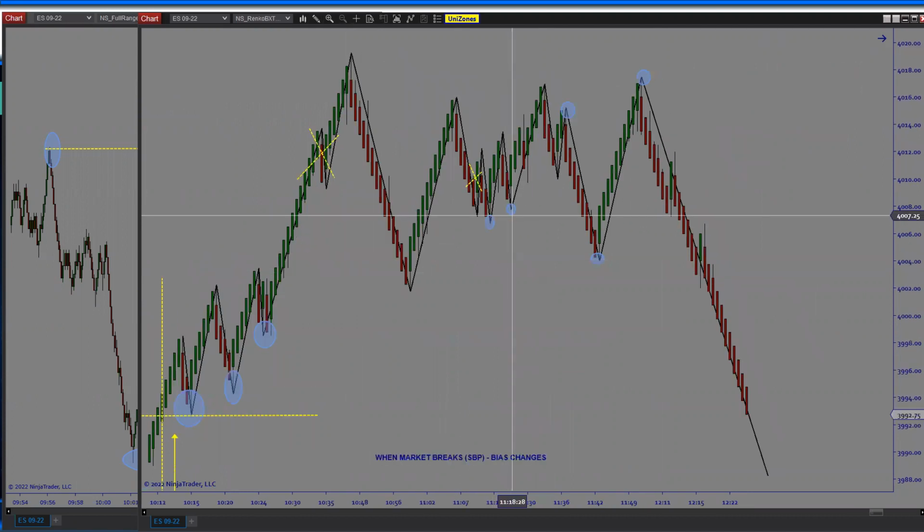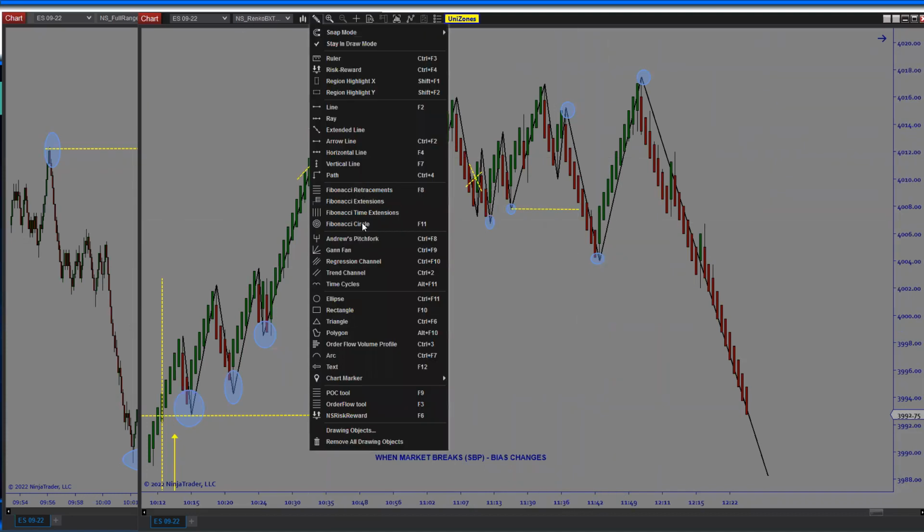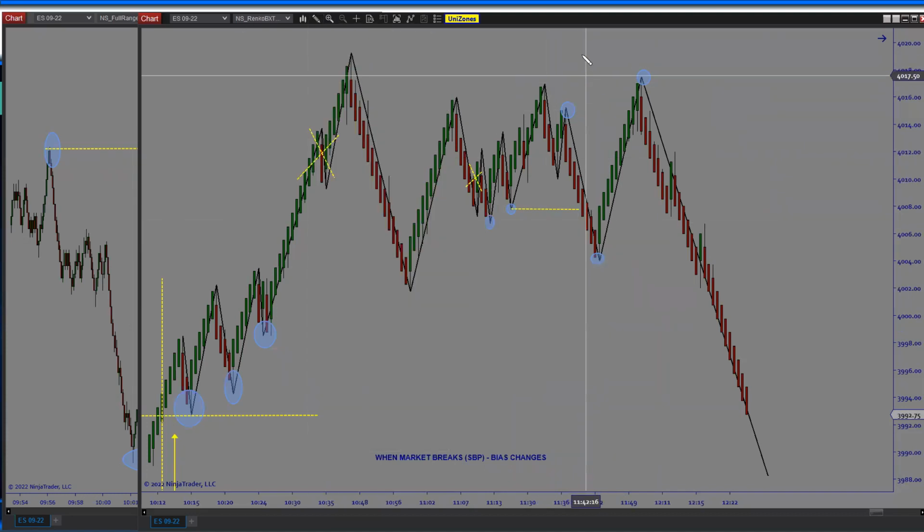Our bias doesn't shift until we break below a structure breaking pivot, which happens here. So now we are identifying in this market what our shifts are. And you can see this gets a little choppy here because it changes directions a few times in a row. We go from up to down, and then back up, and then back down.